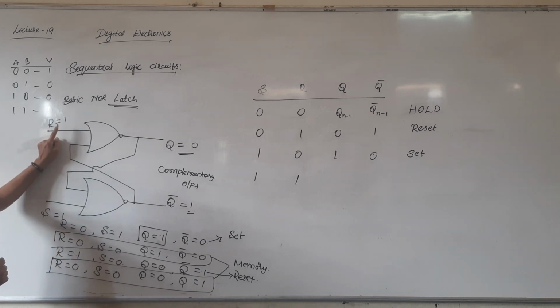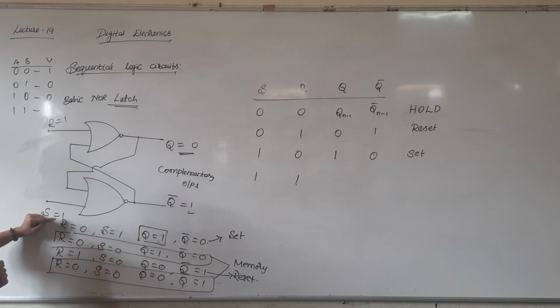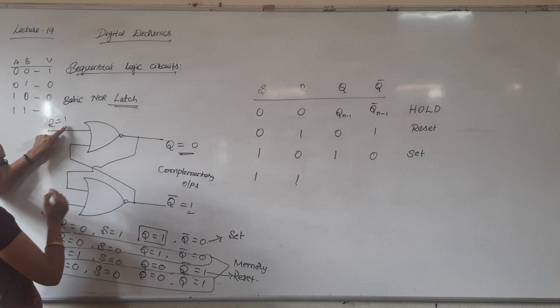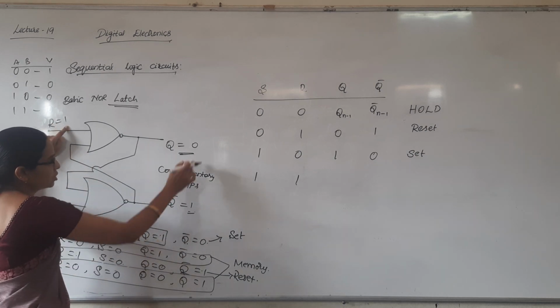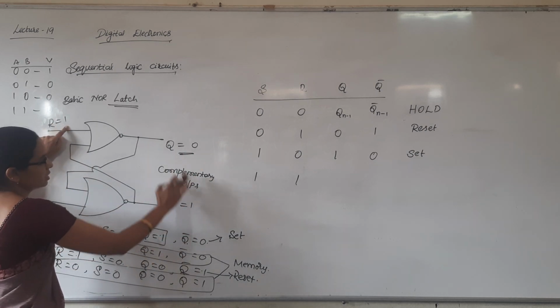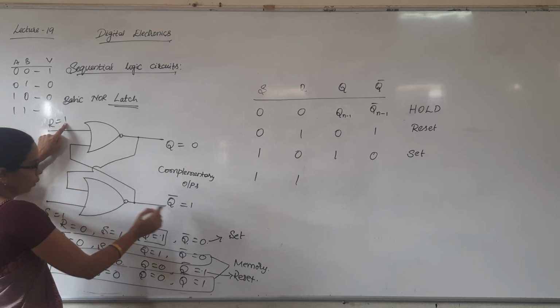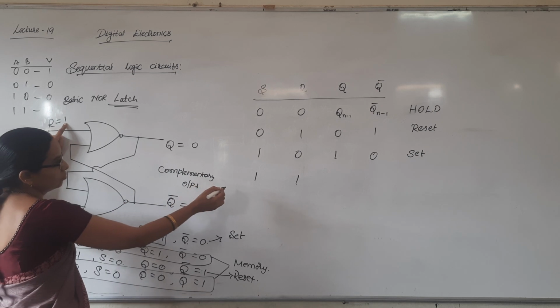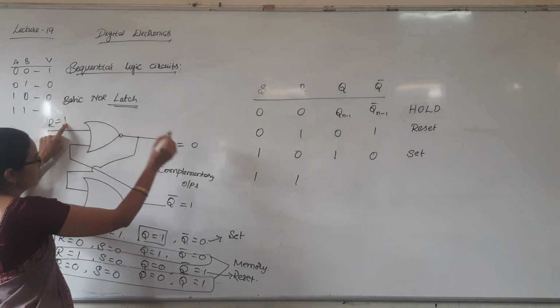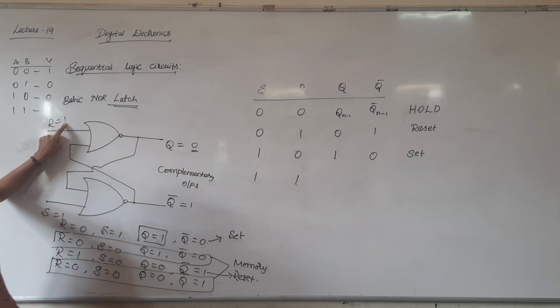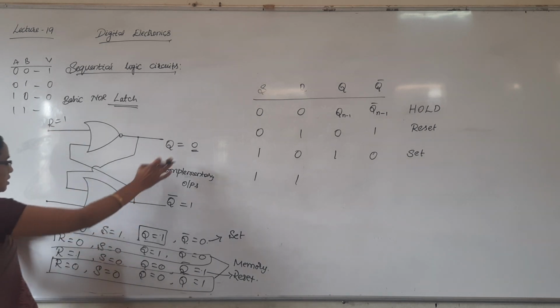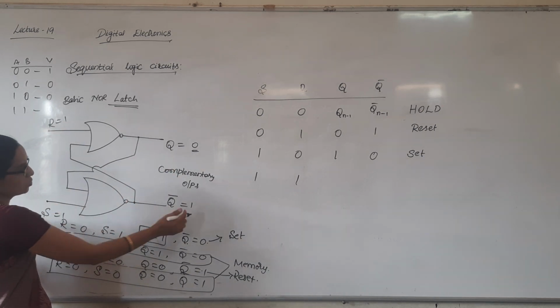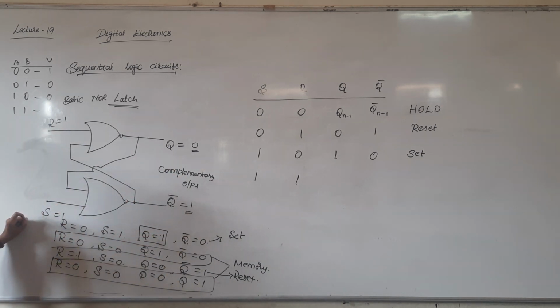When R is equal to 1 and S is equal to 1, assuming this was 0 and 1 previously, 1 and 1 leads to 0, and this 0 and 1 leads to 1 only, right.